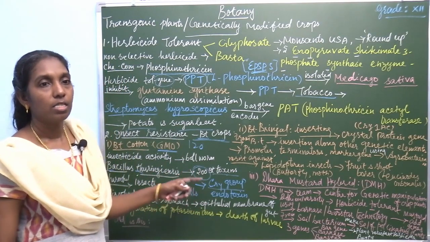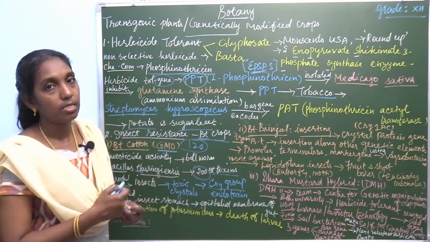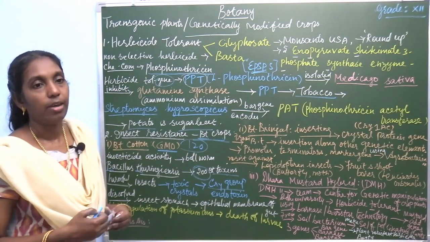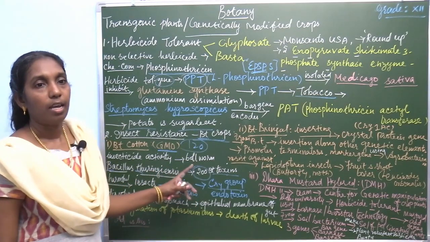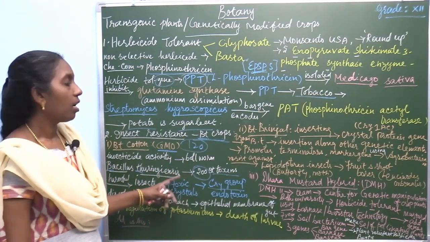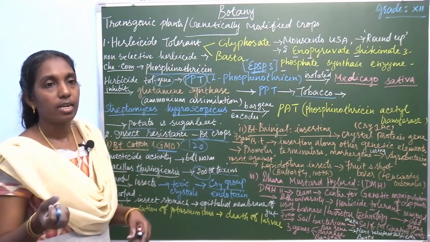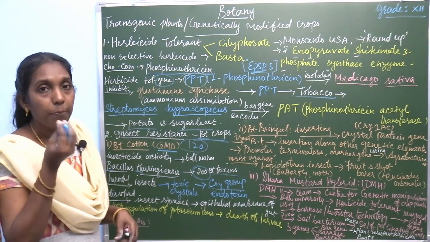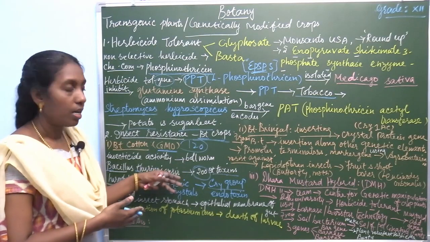After 120 days, the effect of this plant is reduced. So this is one of the disadvantages. And it is ineffective against other insects, for example sucking pests.